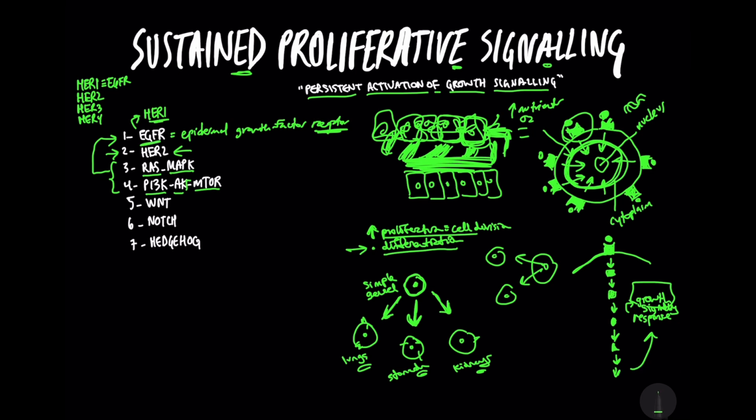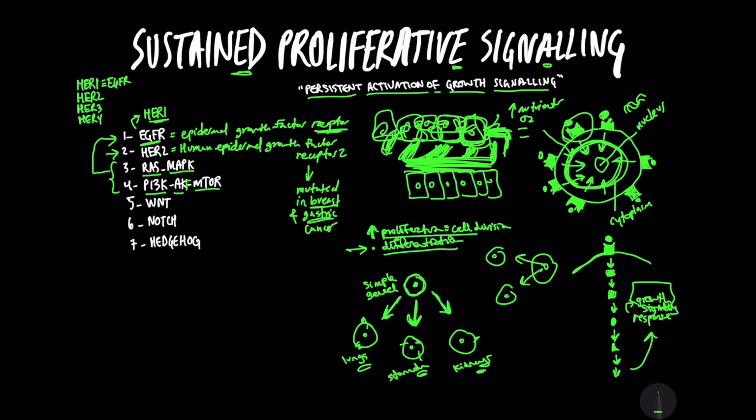HER2 stands for human epidermal growth factor receptor 2, and it is very commonly mutated in breast and gastric cancer.